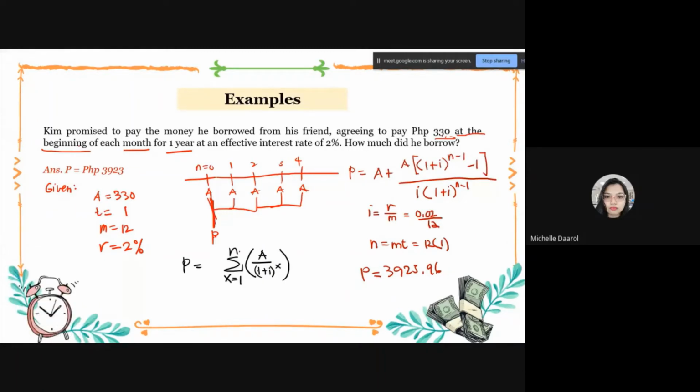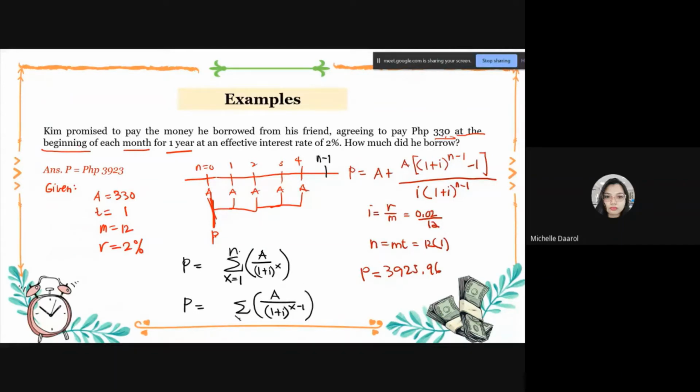Okay? How about sa annuity due? So, how are we going to apply this summation for annuity due sa present worth? So, follow lang natin ito, di ba? Summation of annuity over still 1 plus I, pero saan nag-end ang annuity when n is n minus 1. So therefore, ilalagay na dito x minus 1.